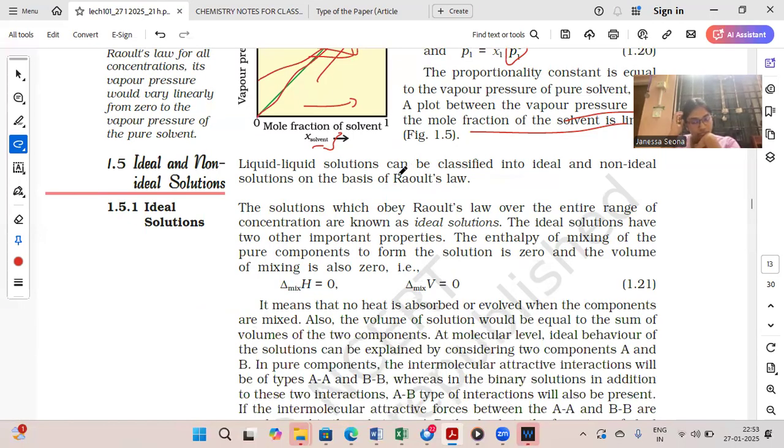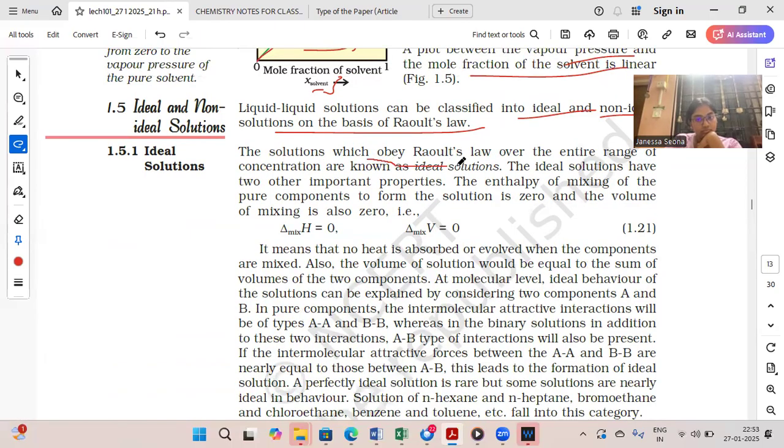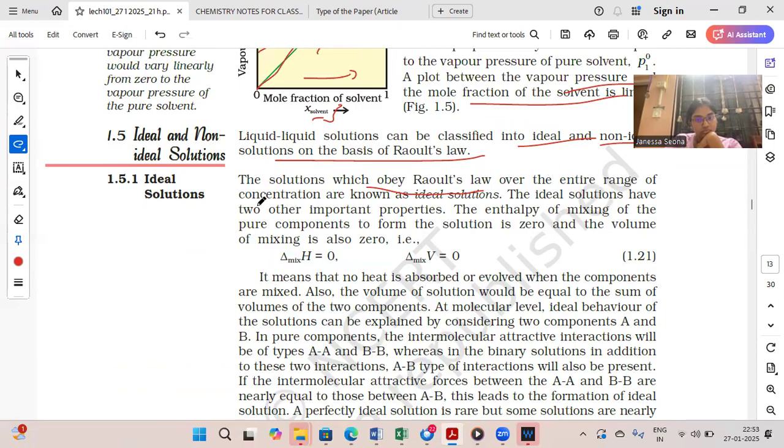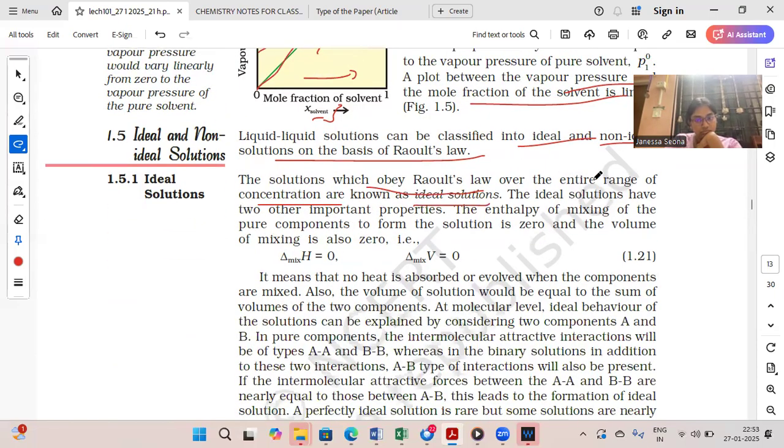We have here again ideal solutions and non-ideal solutions. Ideal solutions are those that obey Raoult's law. As you can see here, the solutions which obey Raoult's law over entire range of concentration are called ideal solutions. So what are ideal solutions, Amma? Can you please read this?